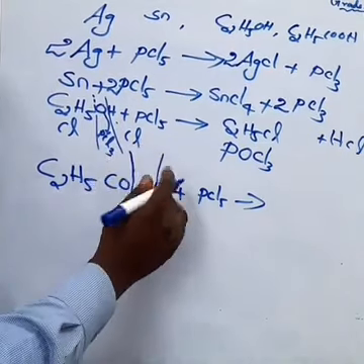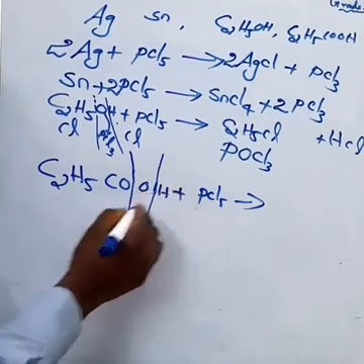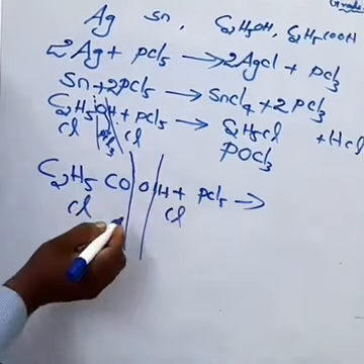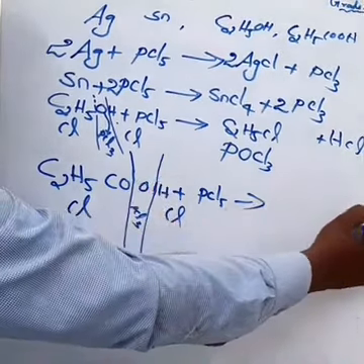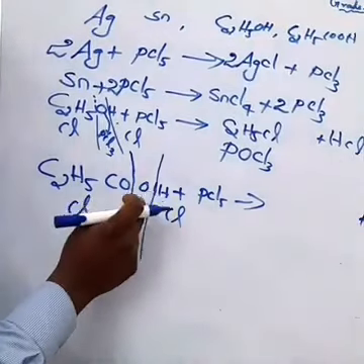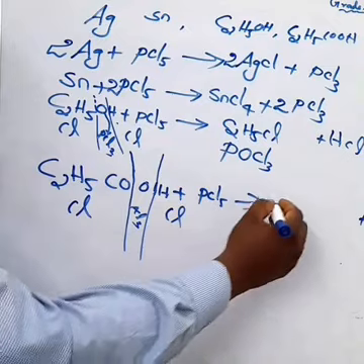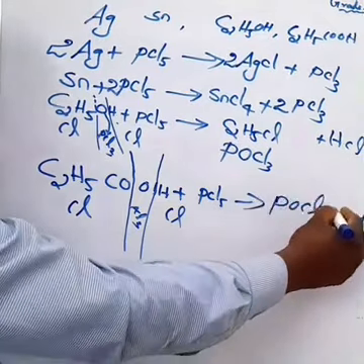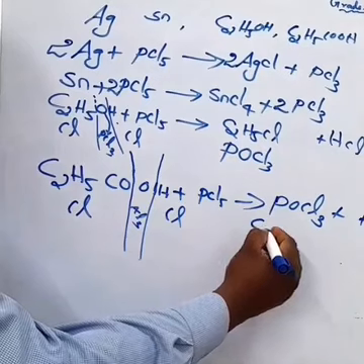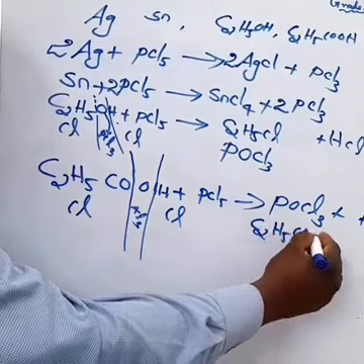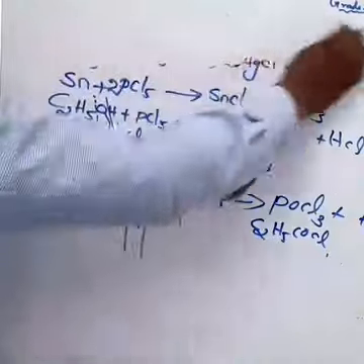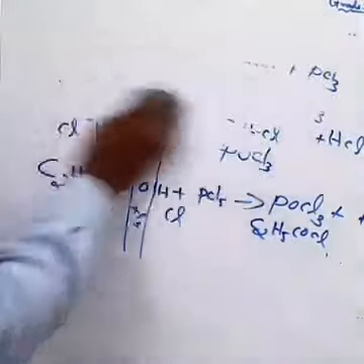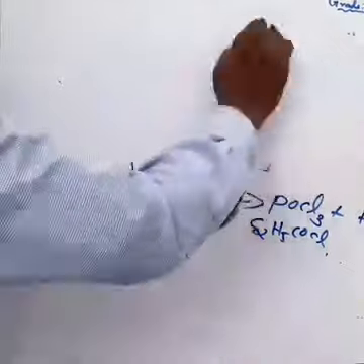Then this one reacts with the PCl5. Here, one of the hydrogen from propanoic acid reacts with the Cl to form HCl, and the phosphorus combines with one of the oxygen and 3 chlorine atoms, we get POCl3, and the remaining chlorine atom reacts with here to form C2H5COCl, propionyl chloride.